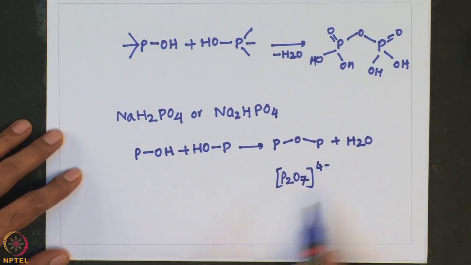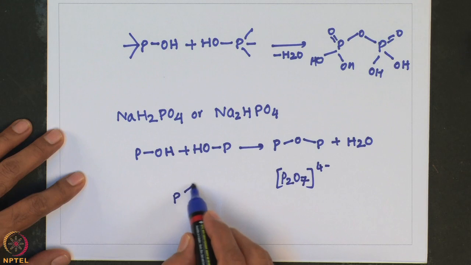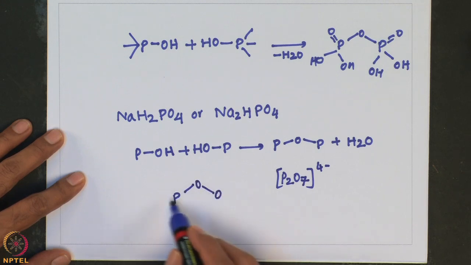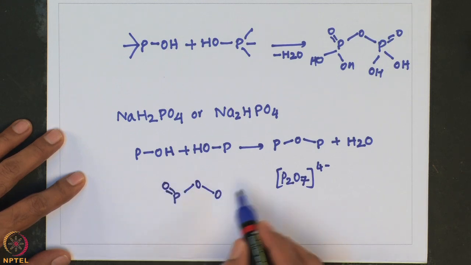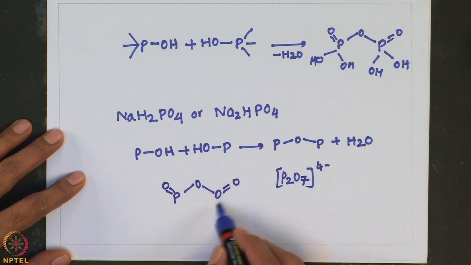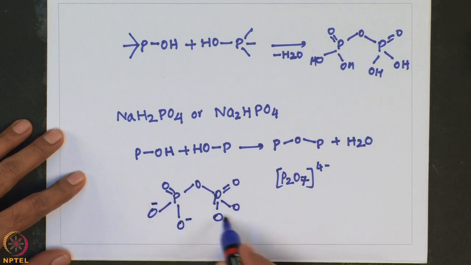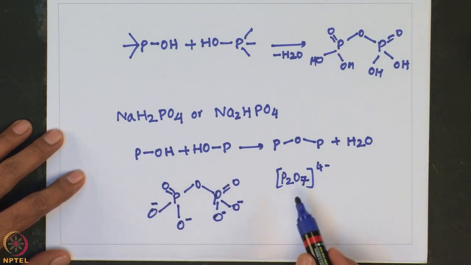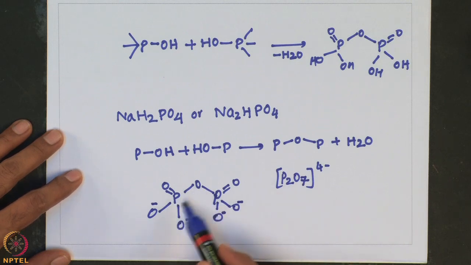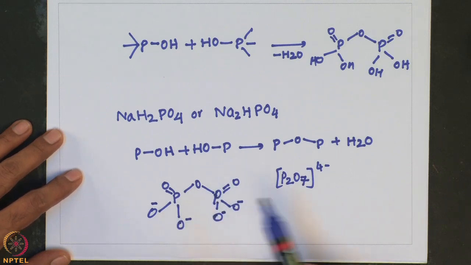If you are curious to know the structure of this one, it is very simple to write. If you count P2, 1, 2, 3, 4, 5, 6, 7 and 4 negative charges. So, this is pyrophosphate. If you have one POP linkage, they are called pyrophosphate.